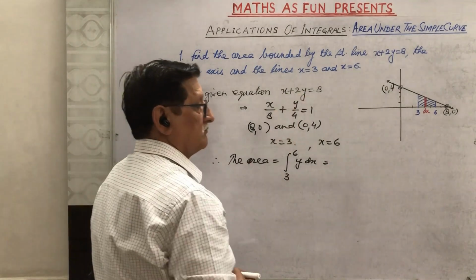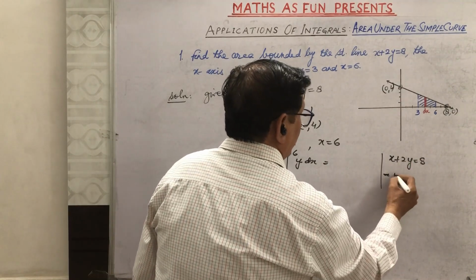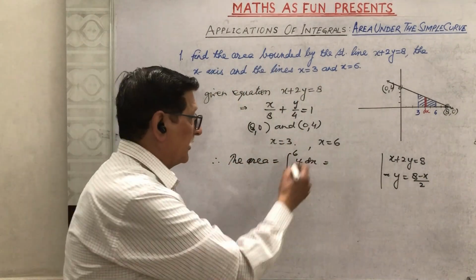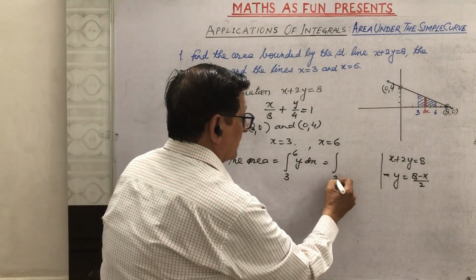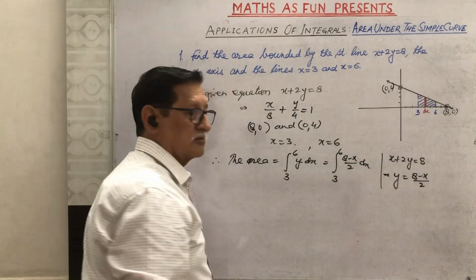Here what is y? For the equation x plus 2y equal to 8, we are finding y is equal to (8 minus x) divided by 2. So we apply it here, that is integral 3 to 6 of (8 minus x) divided by 2 dx.